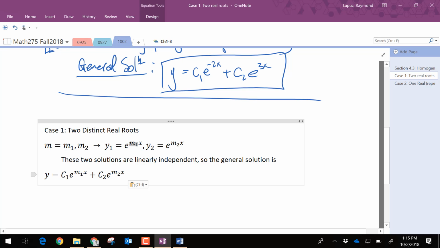And then C1 times the first plus C2 times the second. Order doesn't matter. I just like to generally put the smaller number first, but it doesn't really matter.